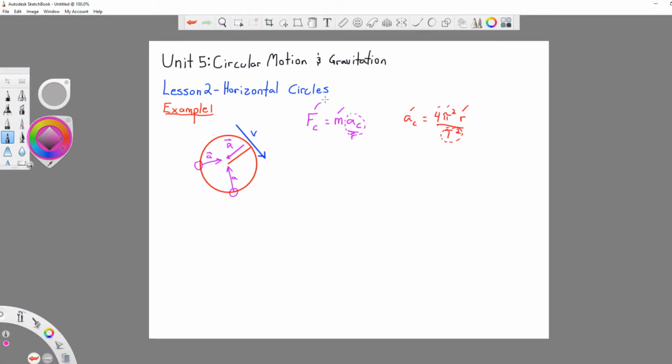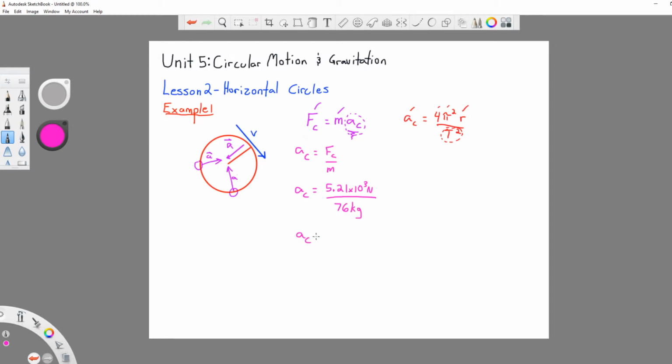All right, back to magenta. So we can say a_c is equal to centripetal force divided by mass, and we can put some values in there. What was that centripetal force? That was 5.21 times 10 to the 3 newtons, divided by the mass, and the mass of this person was 76 kilograms.